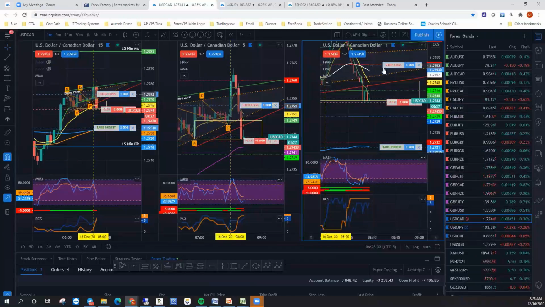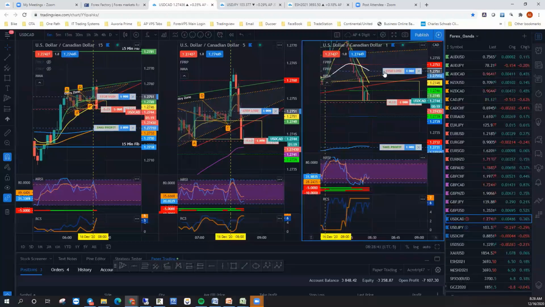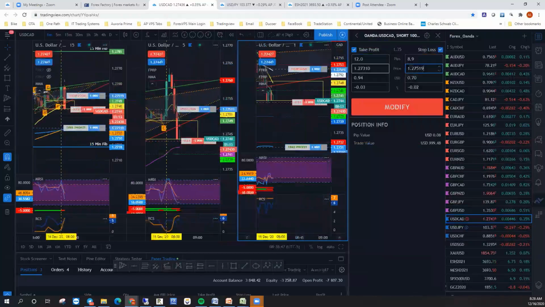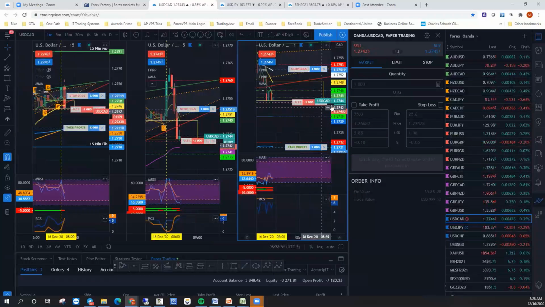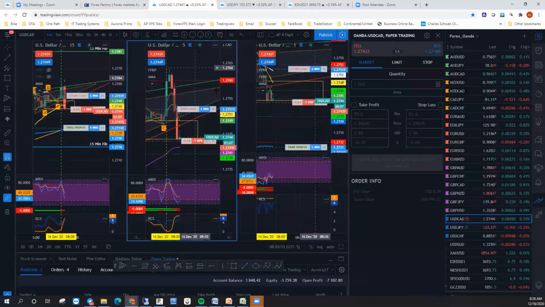If it comes back up into the wedge, then I will reverse. Then I'll be looking at reversing positions. I'll take it right above this candle there. Go to our 5-minute chart.